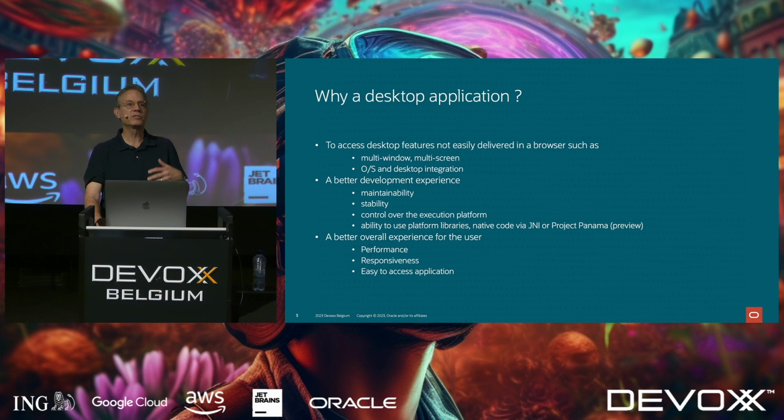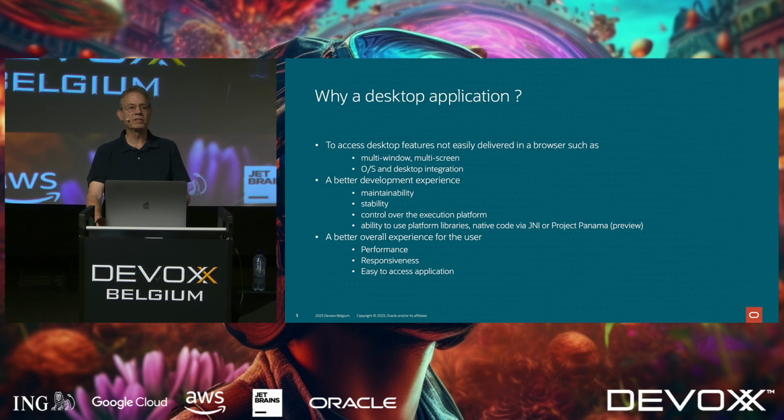And so we believe also that you as a developer will find it easier to maintain and have better control over your execution platform, rather than being at the mercy of whatever version of whatever browser your end users happen to be running your app on. You have more control over the desktop environment. And then finally, the ability to use platform libraries that might have native code, either using JNI today or also using Project Panama.